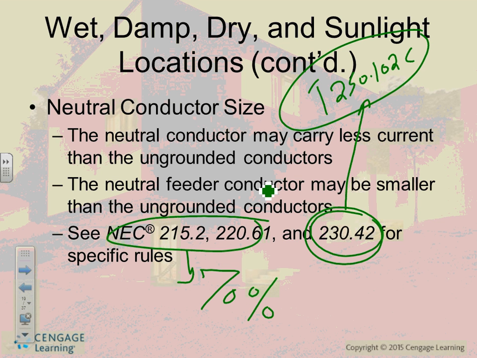So long story short, these two references, Tony, my friend, will give you the permission to have a neutral lower than the phases. And we did an example, guys. Remember the whole example that we did, sizing it? If you're at the service, this is for service. If you are sizing feeders, this is for feeders.